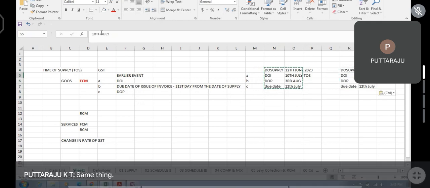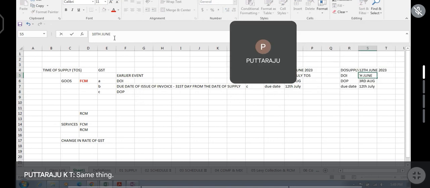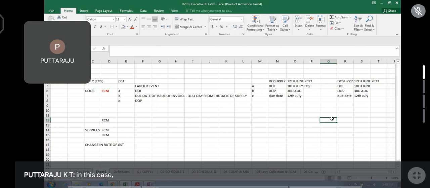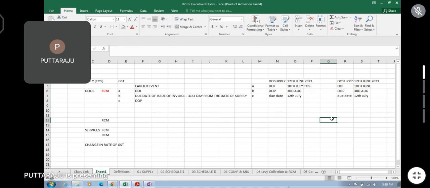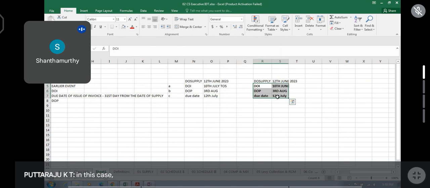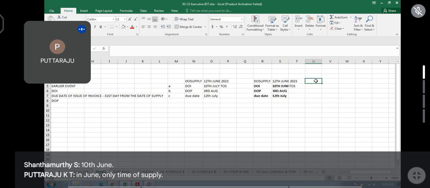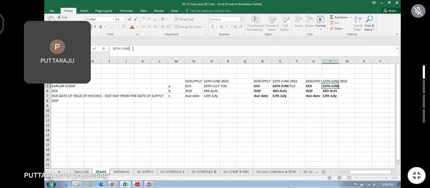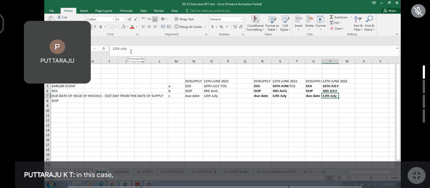Same thing. In this case, 10th June. 10th June only is the time of supply. In this case, 3rd July, sir. 3rd July.